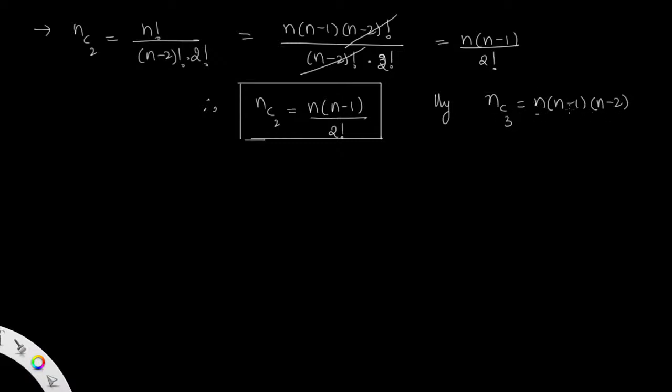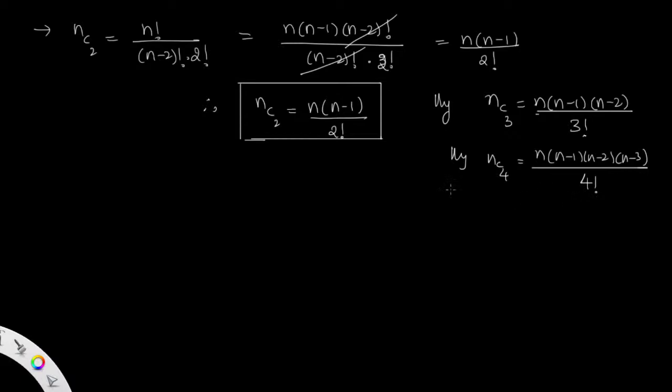N is the first term, n minus 1 the second, and n minus 2 the third, divided by 3 factorial. Similarly, NC4 is n into n minus 1 into n minus 2 into n minus 3, divided by 4 factorial. So we start with n and write decreasing terms up to 4 terms.